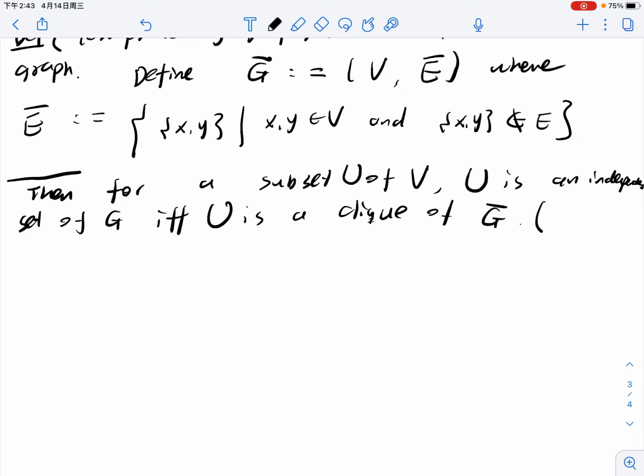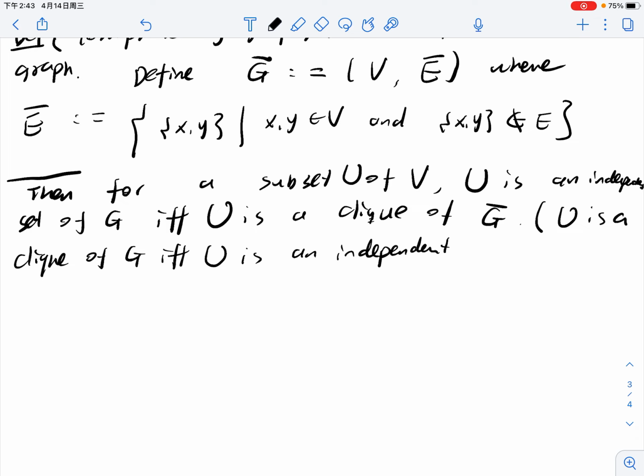And similarly, U is a clique of G if and only if U is an independent set of G bar.